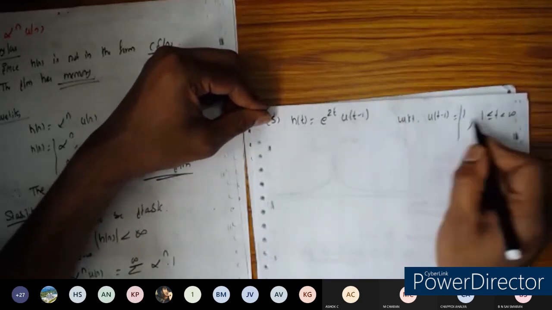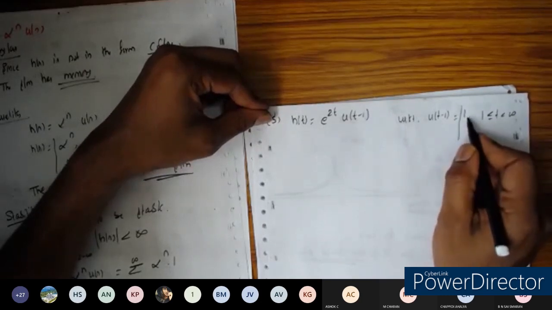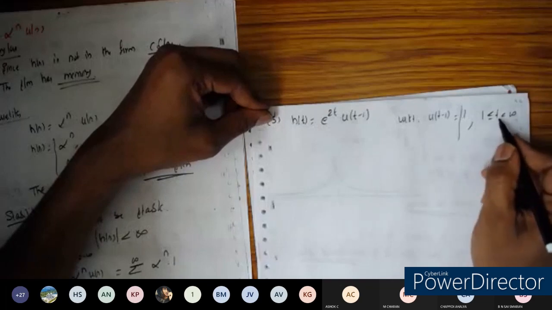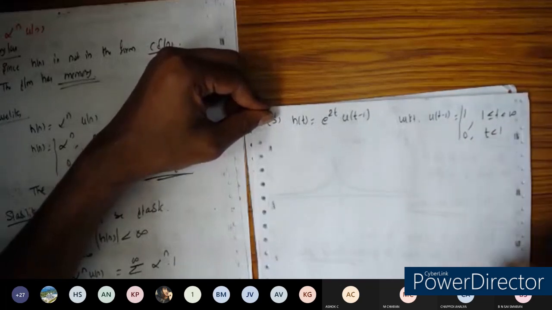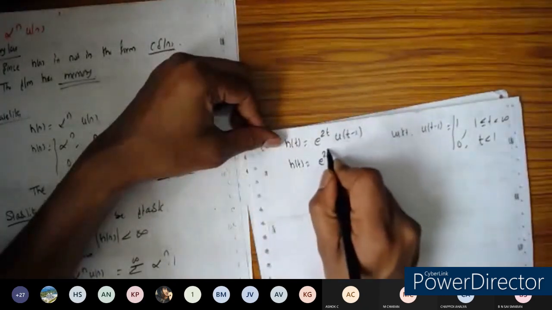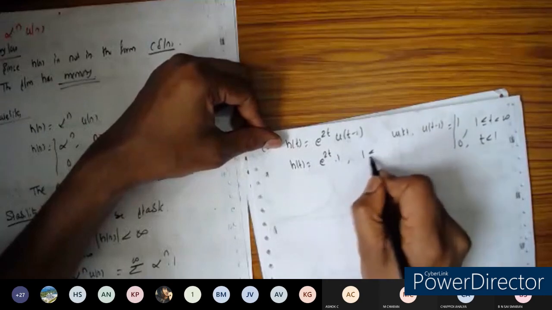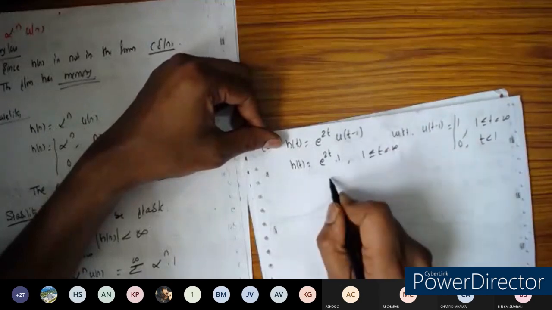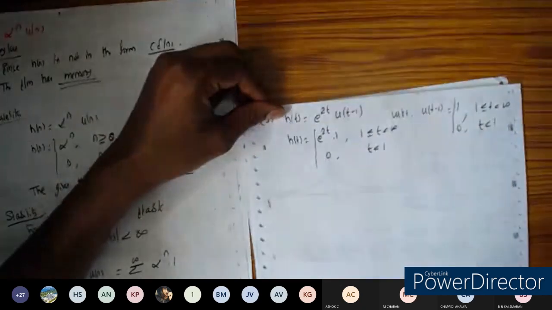If you equate this, t greater than or equal to 1, this will become equal to 1 here. Or else we can say for 1 less than or equal to t less than infinity it has the value 1, and 0 for t less than 1. Okay, so we can say h of t is equal to e to the power of 2t into 1 for 1 less than or equal to t less than infinity, and 0 for t less than 1.